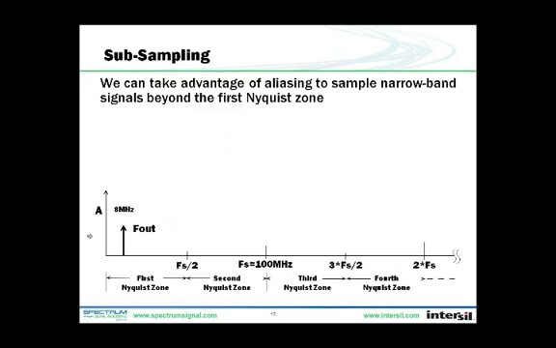Now, you can take advantage of this by using subsampling. Subsampling uses aliasing to provide frequency translation of a higher frequency signal into the first Nyquist zone. Sometimes this is referred to as undersampling or bandpass sampling. In subsampling, the carrier frequency is greater than the Nyquist frequency.